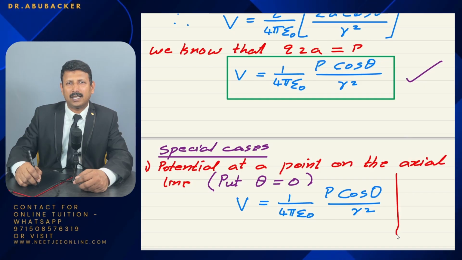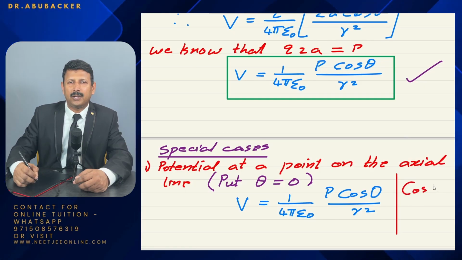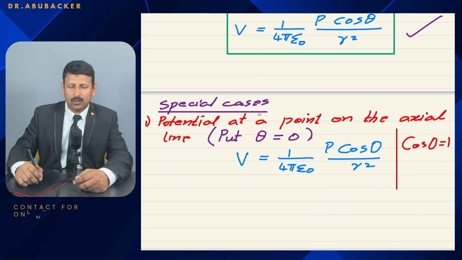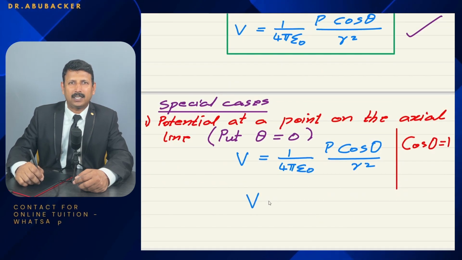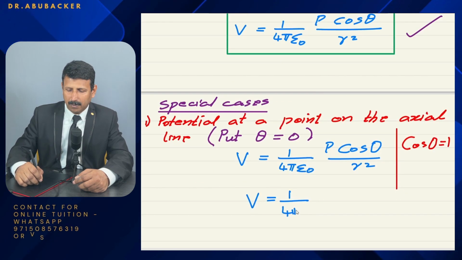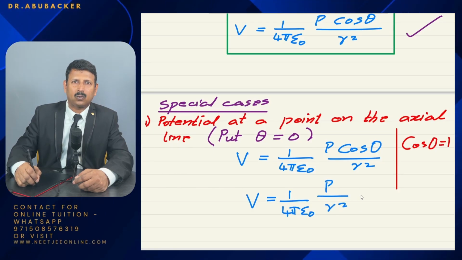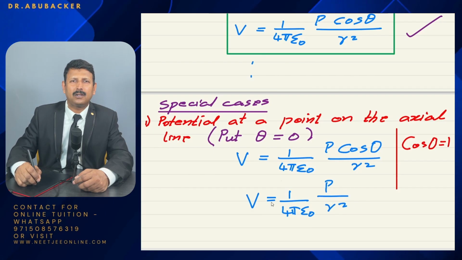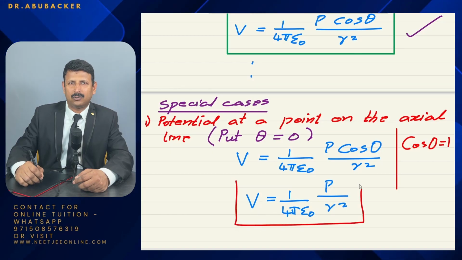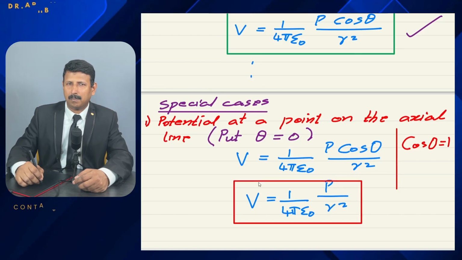Actually cos theta here is cos 0, which is equal to 1. In the next step we will not write anything because it is multiplied by 1. So 1 by 4 pi epsilon 0 p divided by r square. So this is the axial line equation prepared.